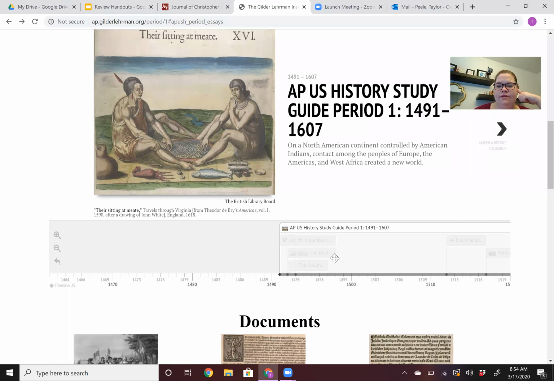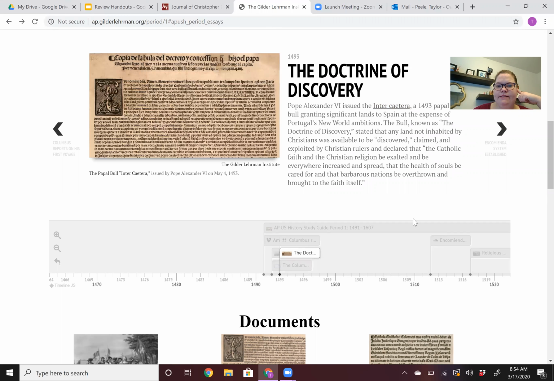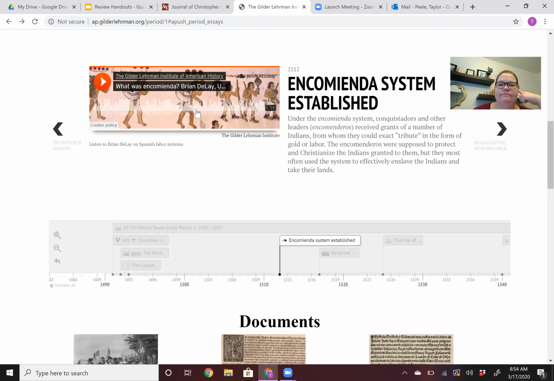You can click through and go to specific events and specific documents and all sorts of things. Each one of them usually has some little video to go along with it. So it's pretty interactive, and I think it's pretty useful for review especially. So I think that pretty much concludes our periods 1 and 2 review.